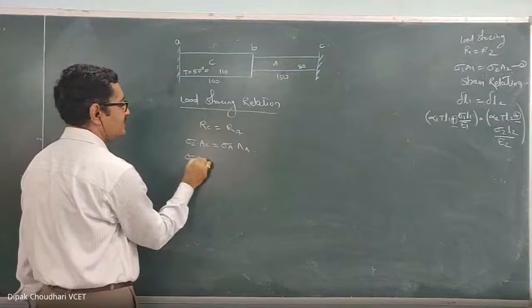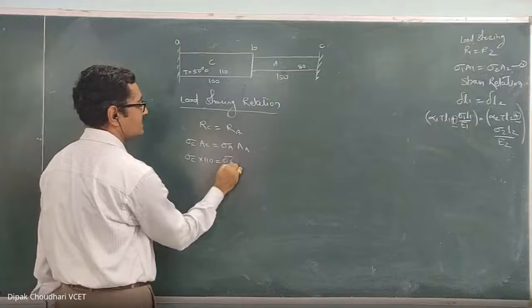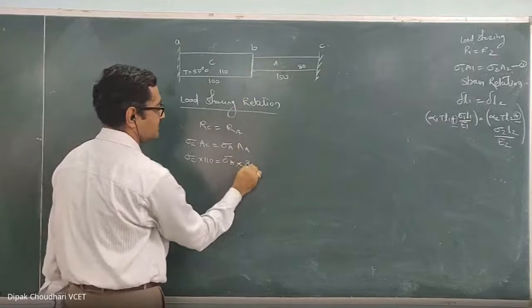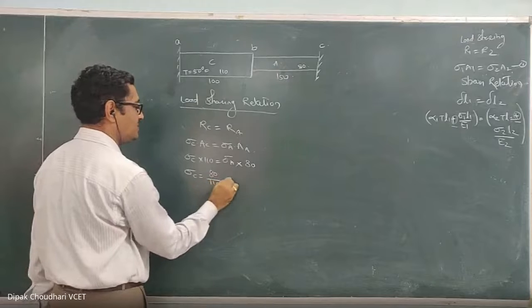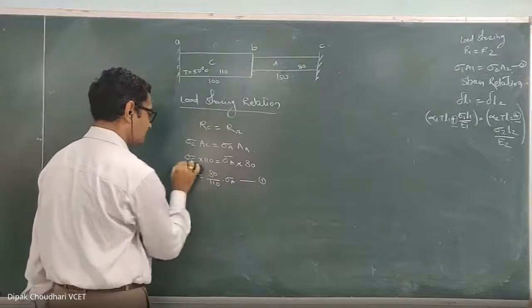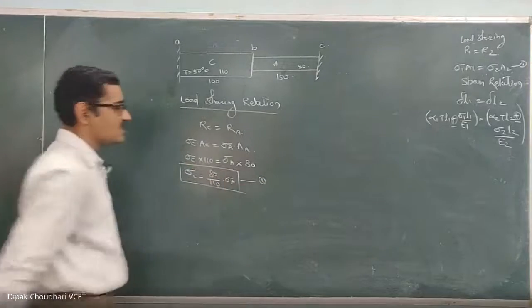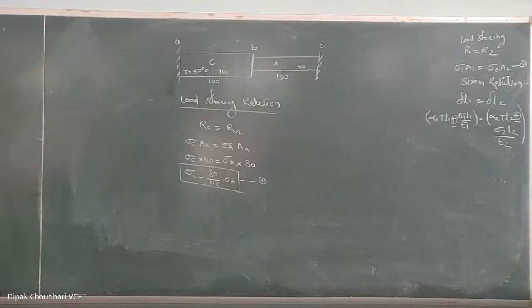Here sigma C into 110 equals sigma A into 80. So sigma C equals 80 upon 110 into sigma A, say equation number 1. This is one relation between the stresses induced in the copper and the aluminium.